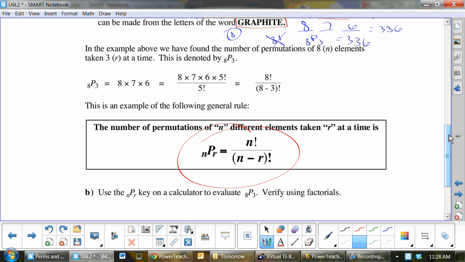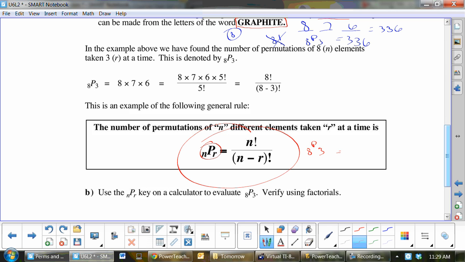So you will have to know how to use it. This formula is also in your calculator, but how am I going to do that? Now, if I was doing the same one above, 8p3, do you see where n's are in the formula and r's are in the formula? Just substitute them.